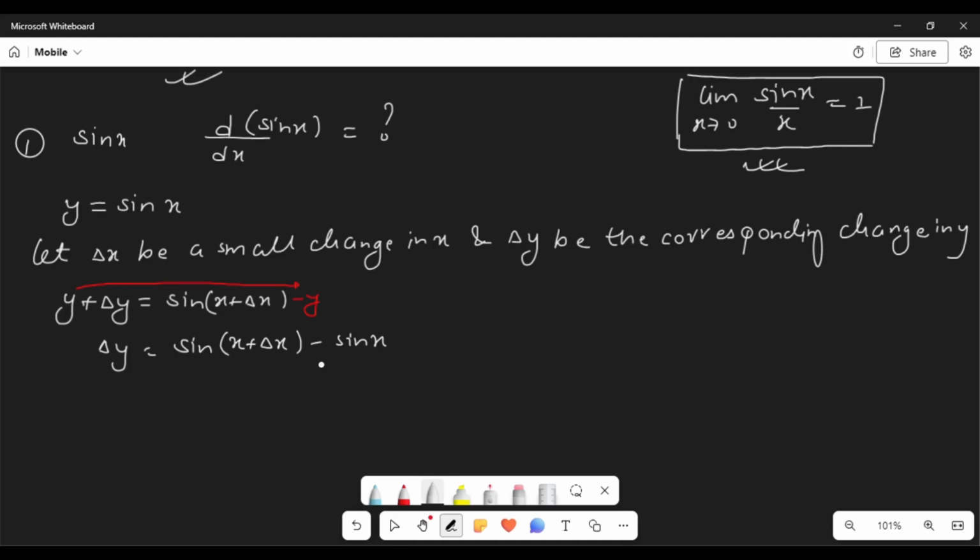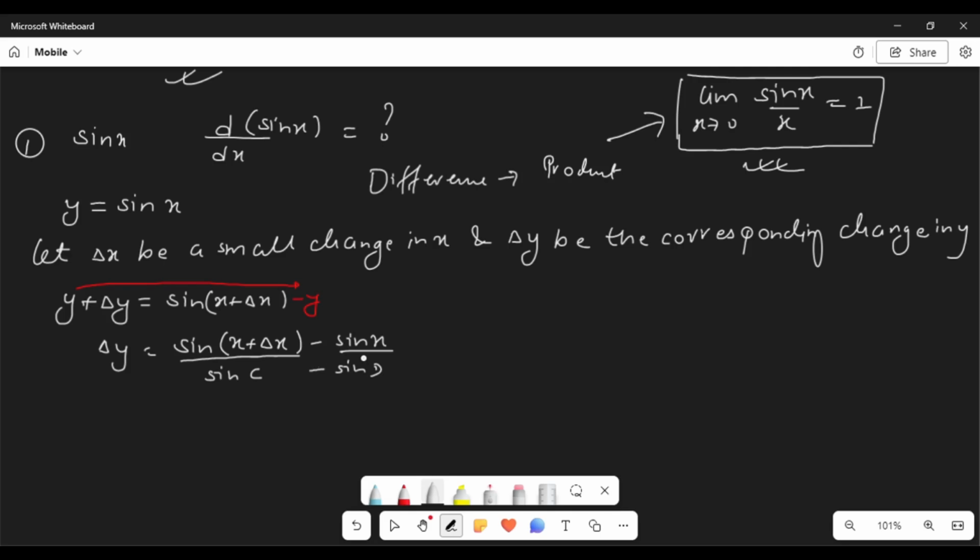Another thing here to remember is whenever we are dealing with derivatives of trigonometric function using first principle, we'll always have to transform sum or difference into our product form using trigonometric formula. So we'll have to convert difference into product so that we can apply this limit here. Okay. So this is sin this minus sin this. This is sin c minus sin d.